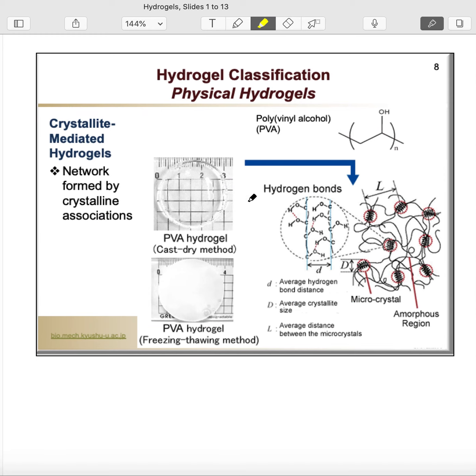The second type of hydrogels are those that are held by crystalline regions, basically crystalline associations in between polymer chains. Here on the right hand side we have an example. This is for polyvinyl alcohol.